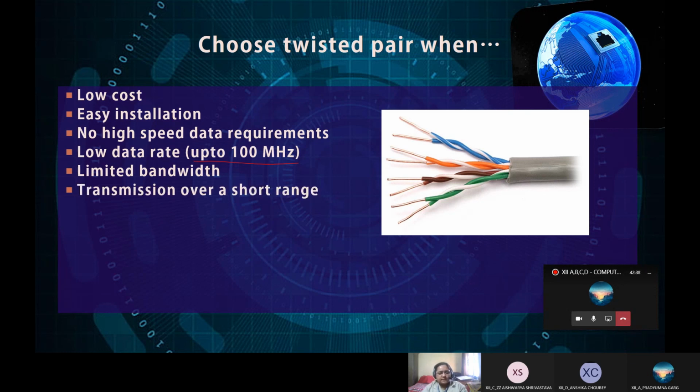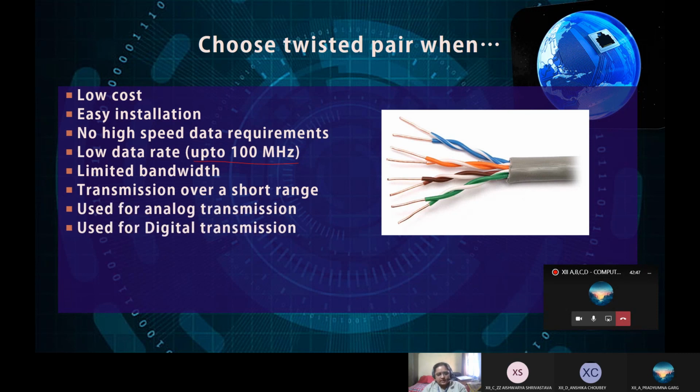Limited bandwidth, transmission over a short range, because we already saw segment length is less. You have to install multiple repeaters. Used for analog transmission, used for digital transmission also sometimes. Susceptible to interference and noise.